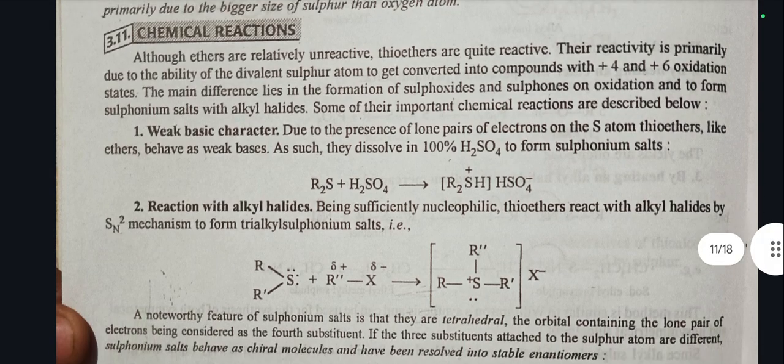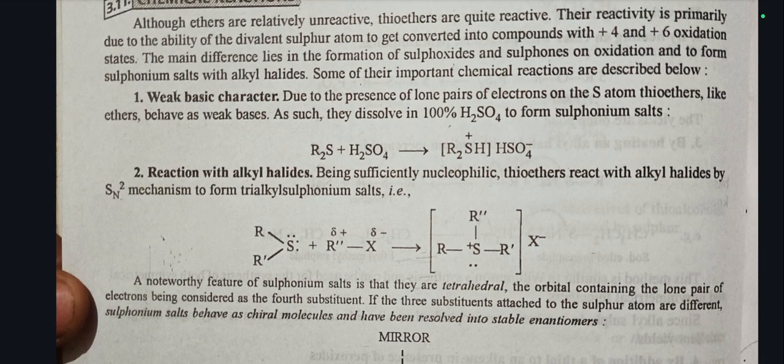Reaction with alkyl halides: being sufficiently nucleophilic, thioethers react with alkyl halides by SN2 mechanism to form trialkyl sulfonium salt. RSR plus R+X- gives the product RS+RR' X negative.